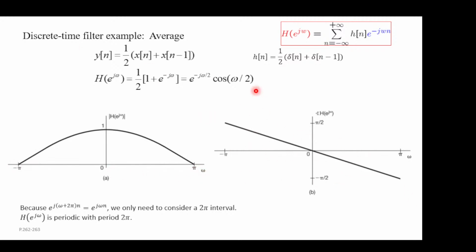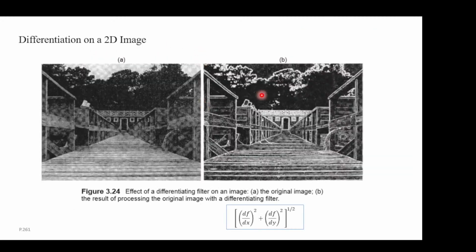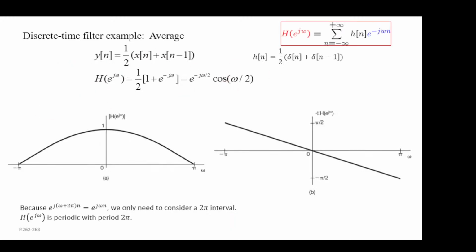And this coincides with our expectation for averaging, because averaging is like the reverse of taking differentiation. So if you take averaging of a signal, you should smooth out all the rough edges, because you are averaging the quickly changing part.